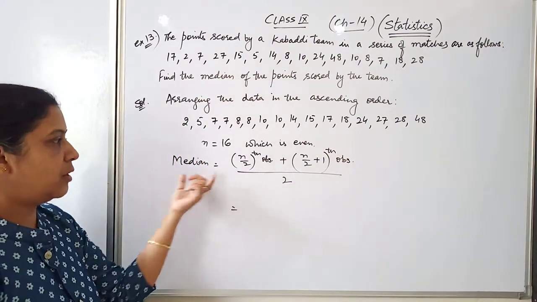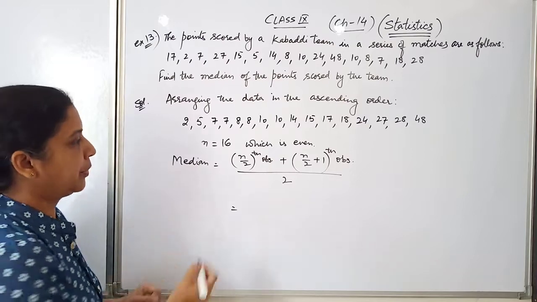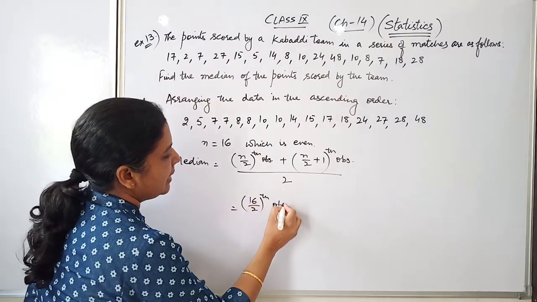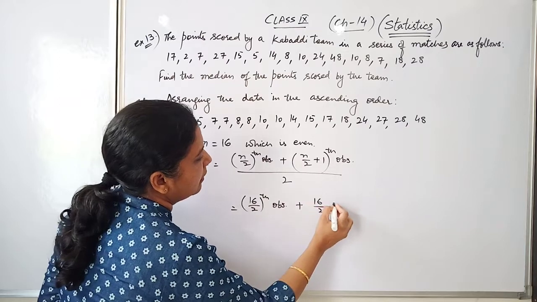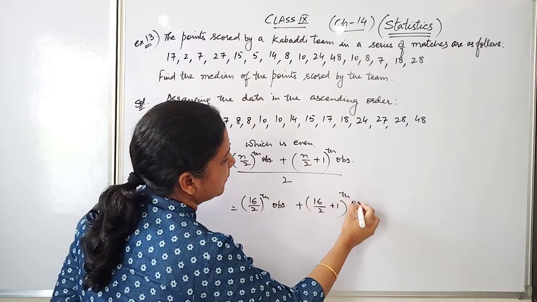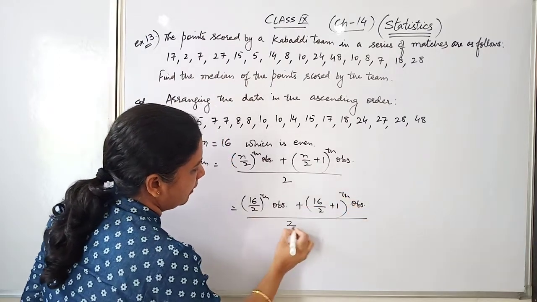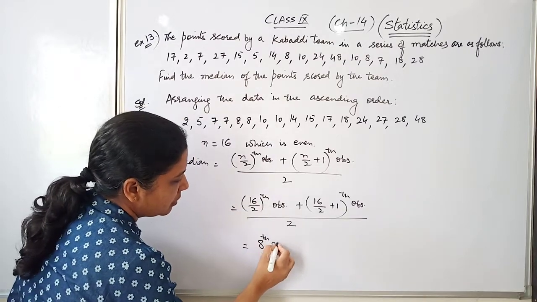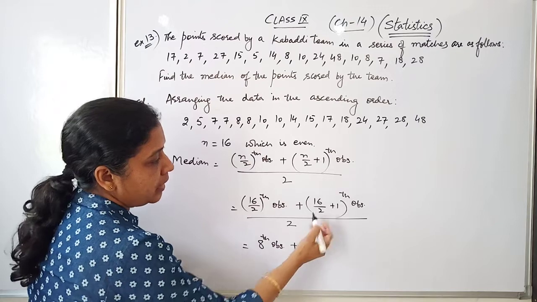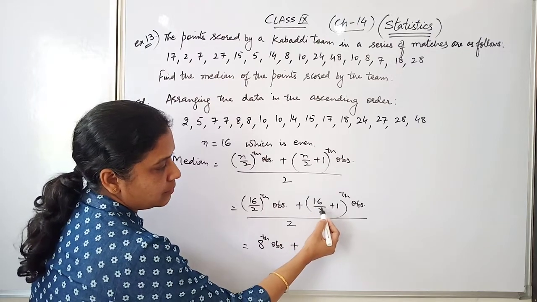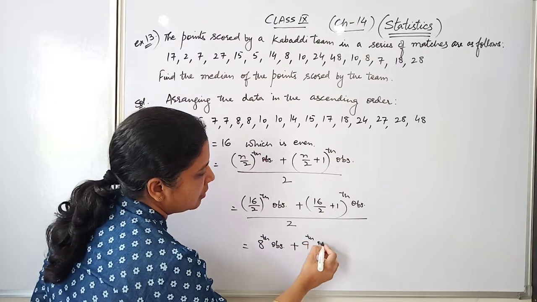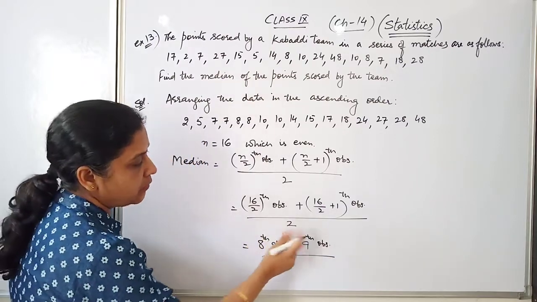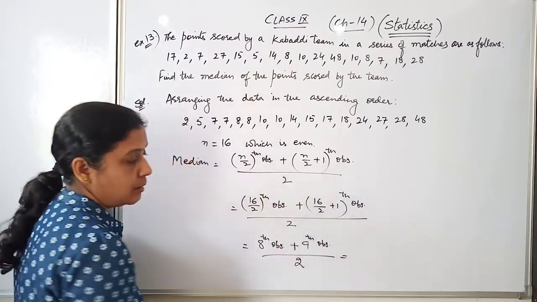This is the formula for median if n is even. n is 16, I'm just putting down the values of n wherever it appears. 16 by 2 means the 8th observation plus 16 by 2, 8 plus 1, the 9th observation. These will always be adjacent terms, consecutive observations, whole divided by 2.